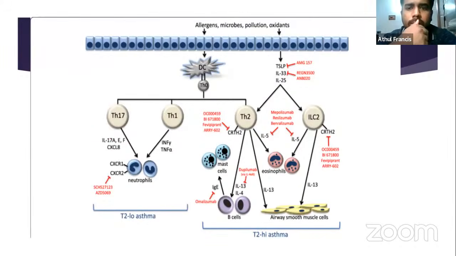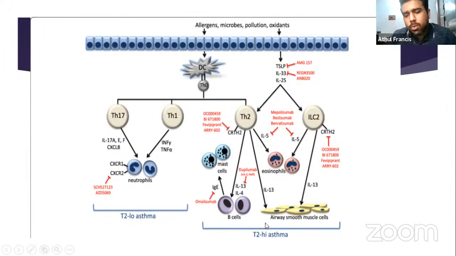Now coming to the basic pathogenesis of asthma. As I told, there is allergic asthma and non-allergic asthma, but nowadays the terminology has completely changed. It is either Th2 high asthma, which is your allergic asthma, or Th2 low asthma, which is your non-allergic asthma.